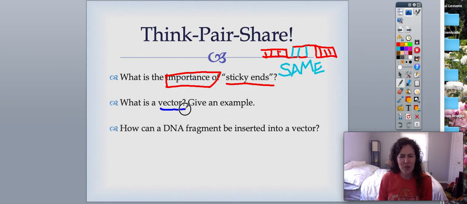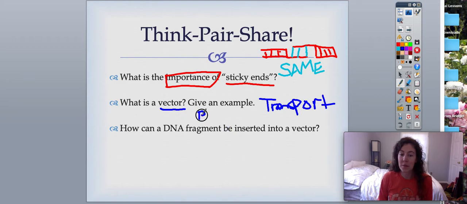Next, what's a vector? A vector was anything used for transport. So what are things used for transport? We use them every day. Cars, buses, planes, trains. What was the example for transport we use today with gene technology?